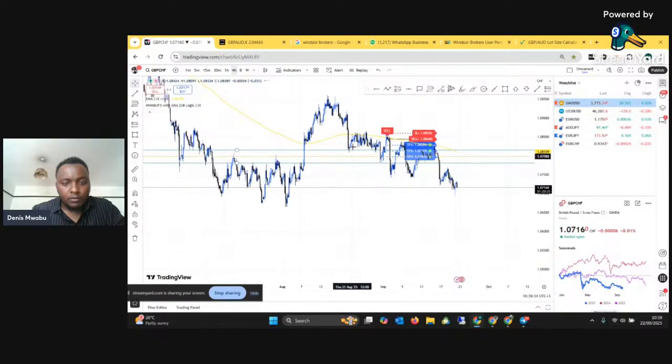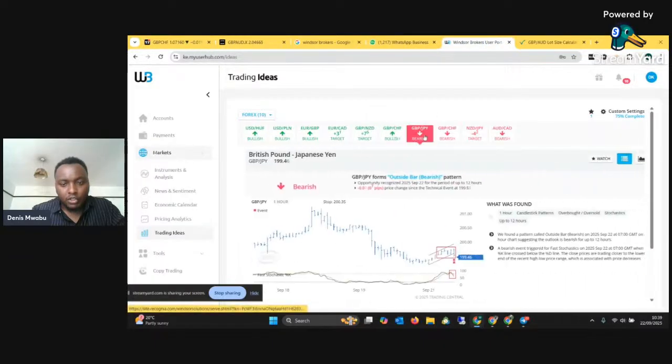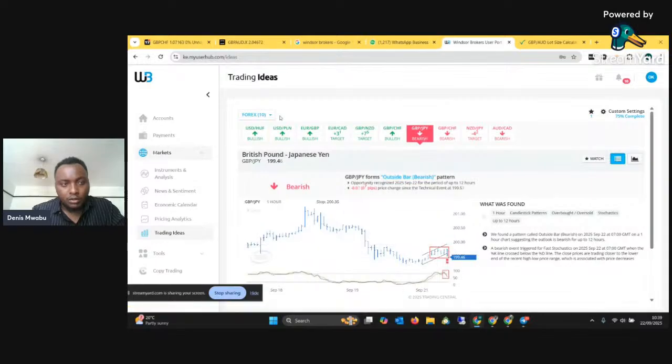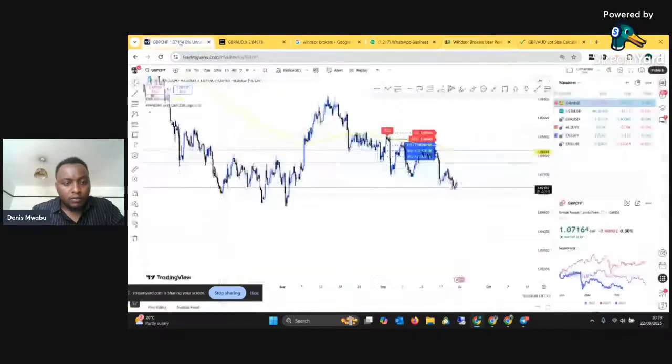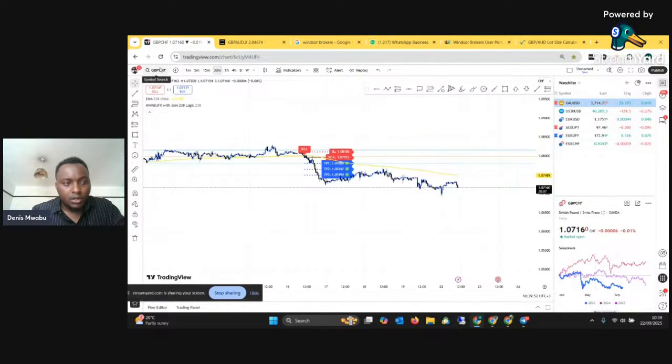Now on the 4 hours time frame, I'm just seeing it bearish. Okay, I'm seeing it bearish. GJ on the 1 hour time frame, we have already seen it's kind of gone.